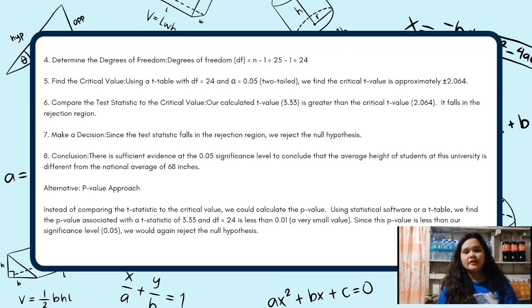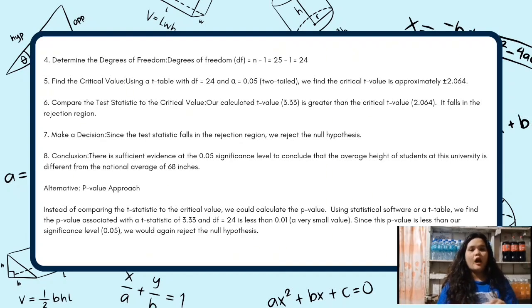Then, number 6, compare the test statistic to the critical value. Our calculated t-value of 3.33 is greater than the critical t-value of 2.064. It falls in the rejection region. Then number 7, make a decision. Since the test statistic falls in the rejection region, we reject the null hypothesis.